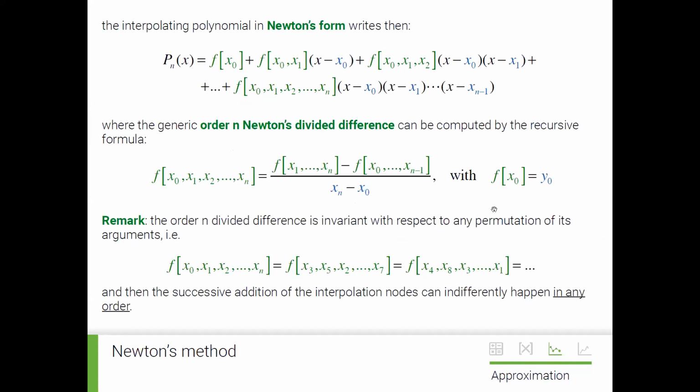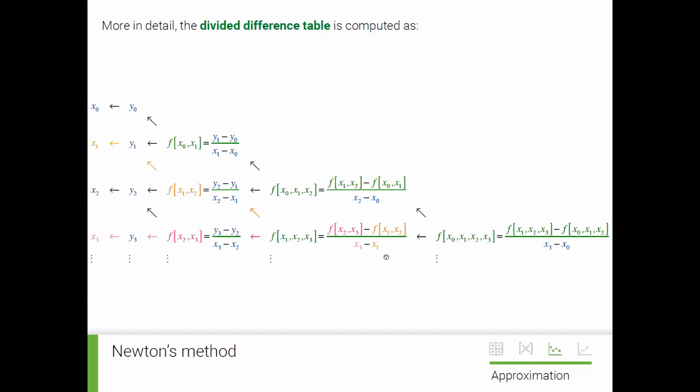From this recursive formula, we get the corresponding values of these coefficients. Now we have f[x1, x2], but we don't have f[x2, x3]. So let's compute f[x2, x3]. This is (y3 − y2) over (x3 − x2).